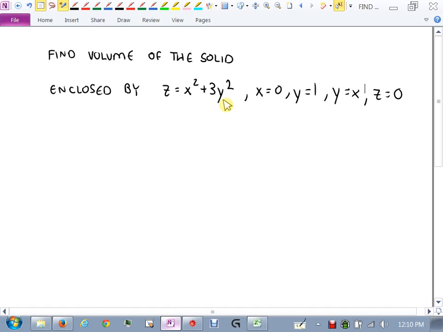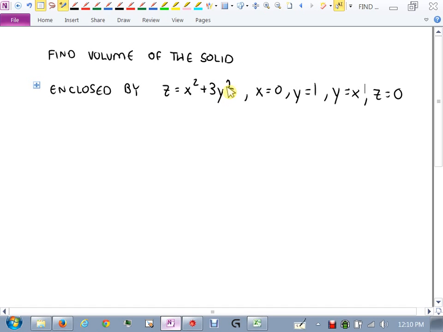It's like a bowl. Plug in x is 0, y is 0, so at the origin you're at 0. If you let y be 0, then you've got a parabola in one direction. If you let x be 0, you have a wider parabola in the other direction. So you get this bowl-looking thing, a paraboloid, with parabolas in each direction.